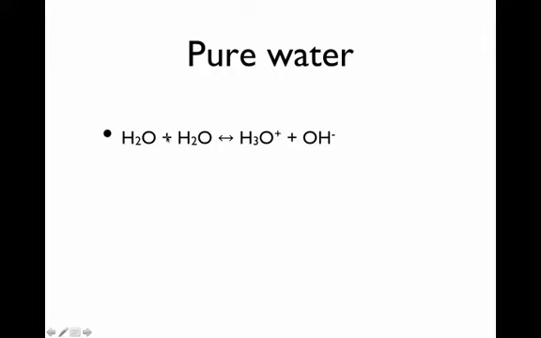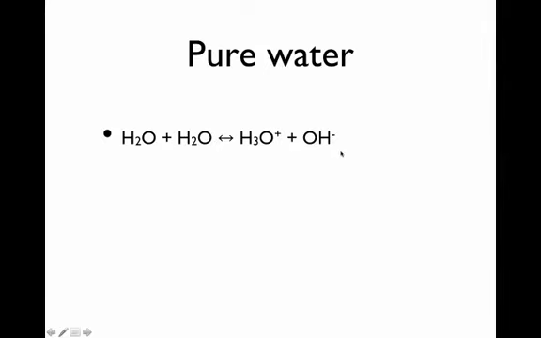So even though most of the water molecules in your pure container of water are doing nothing, every once in a while one of them will donate to another one of them. And because they have to do this in pairs, one donates, one accepts, you will always make basically one acid molecule and one base molecule. And as I said, neutral pH means that you have equal amounts of acid and equal amounts of base.